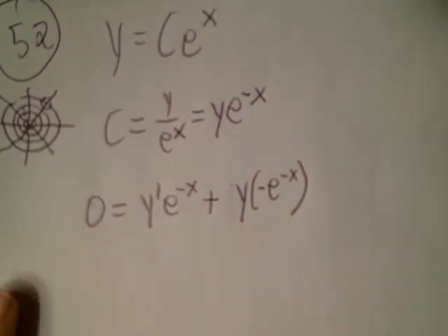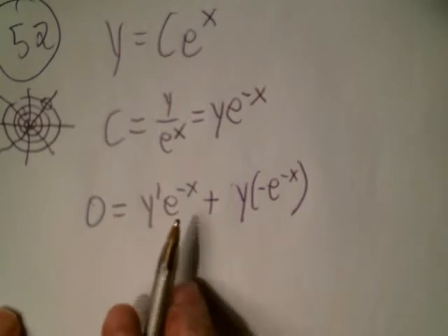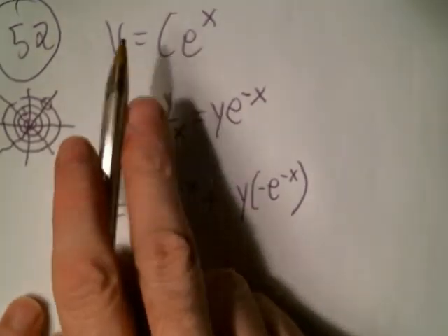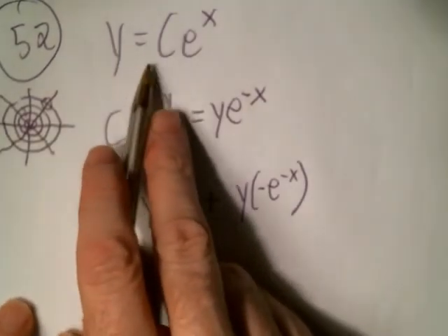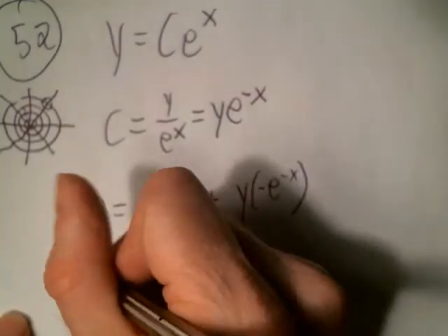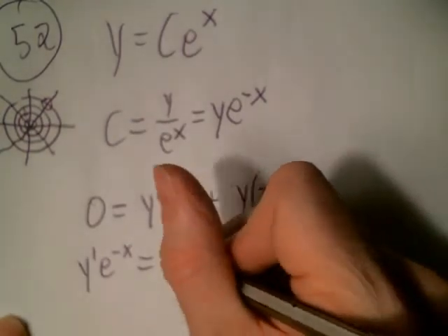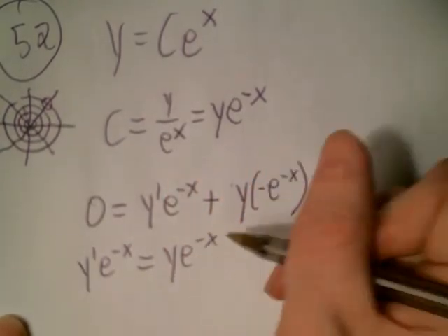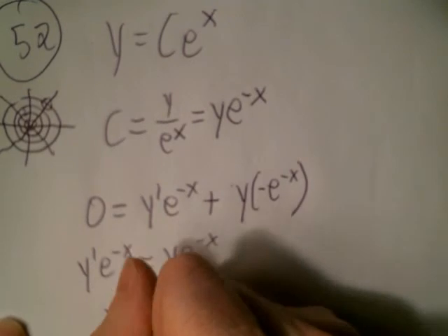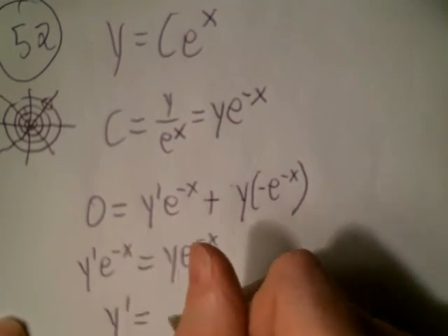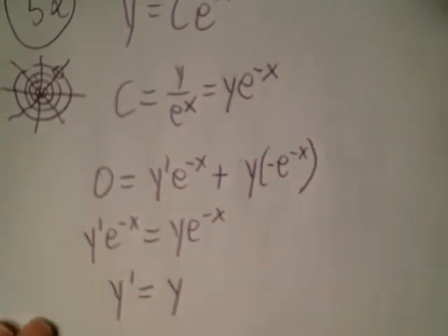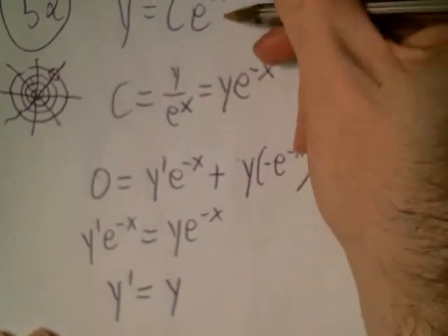Okay. Then I'm going to solve for y prime. That gives me the differential equation for this family of curves. So I'll have y prime e to the negative x equals y e to the negative x. Divide both sides by e to the negative x and get y prime equals y. So that goes with this.